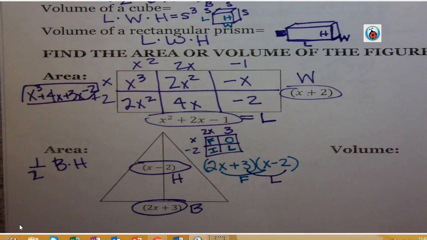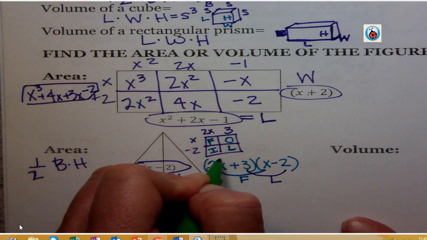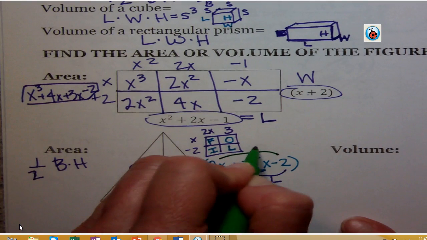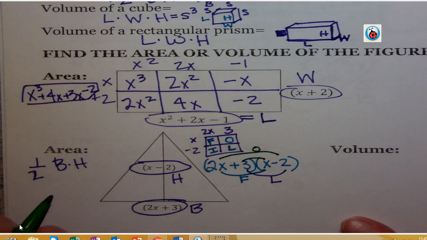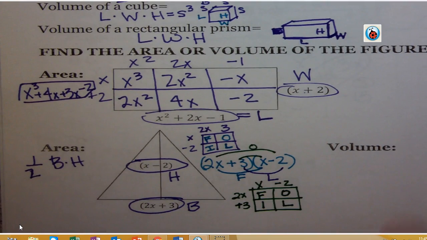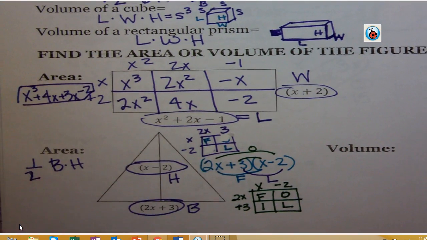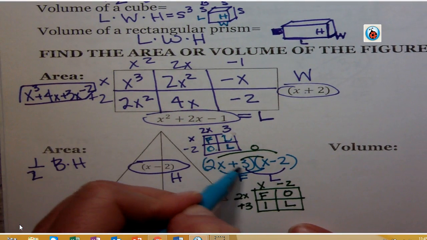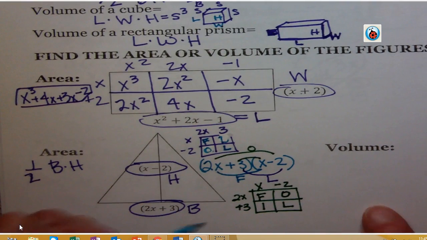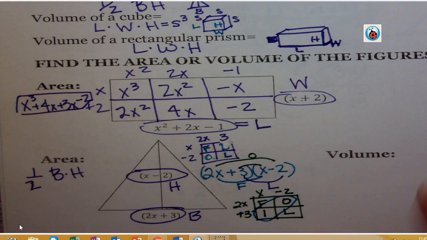Here are your outside terms. And here are your inside terms. I actually screwed that up. So this should be your I, and this is your O. So this would actually look like this. But it's basically the same thing because you're going to combine these two terms anyway.